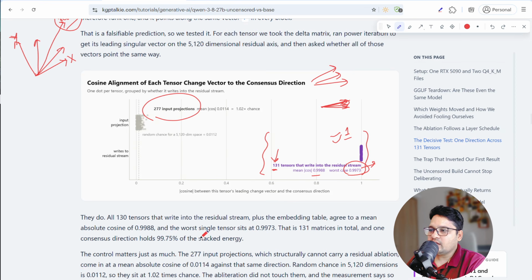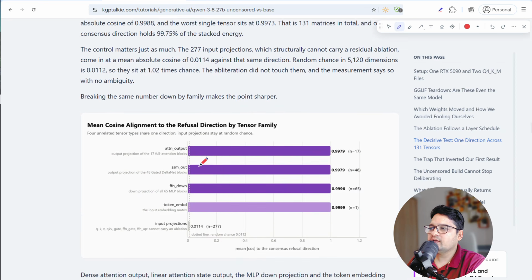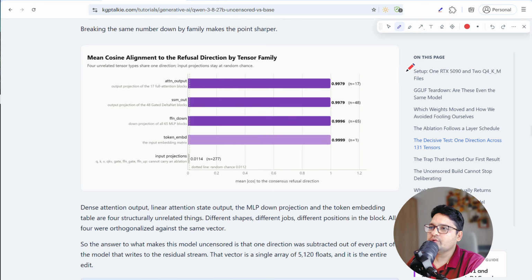Okay, great. Now I hope you have understood how it is happening overall. As I told you earlier, 17 tensors got modified from the attention output neural network, and 48 got modified from the linear attention output block.